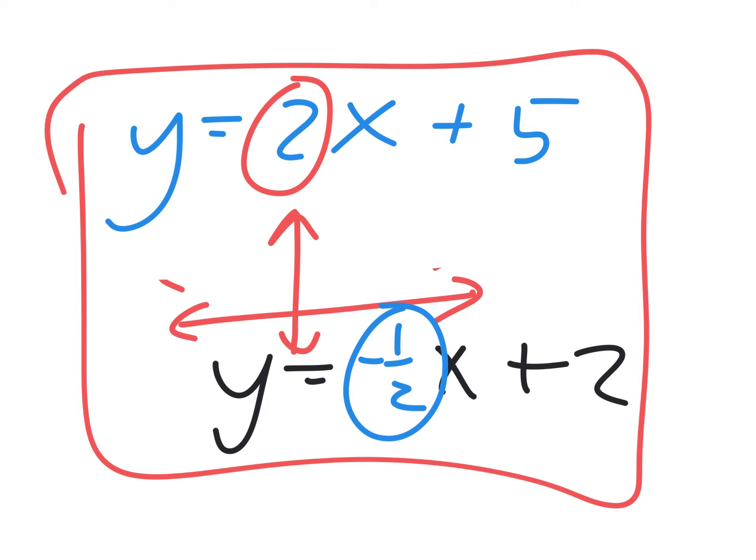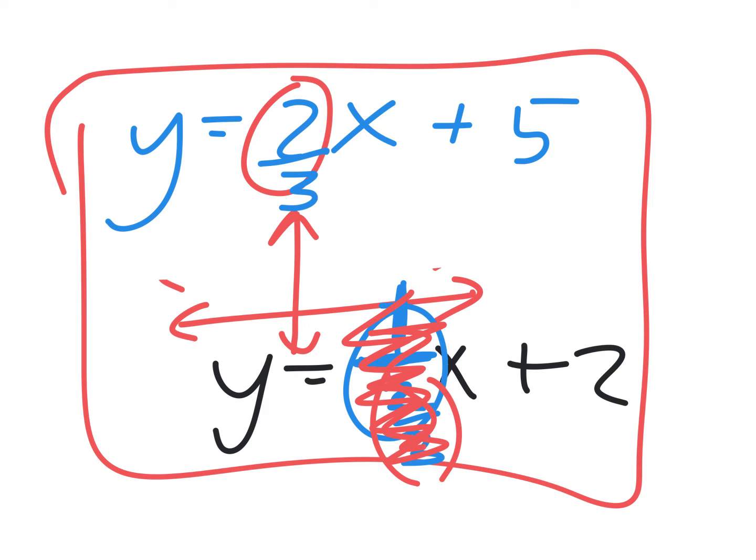So if this had been 2/3, for a slope, you'd go 3 over 2. Because 1 over 2/3 makes it flip. We talked about this before. That makes it flip over and be 3 over 2. So if it started as positive 2/3, you'd change it to negative 3 over 2. And now you've got something perpendicular to it.